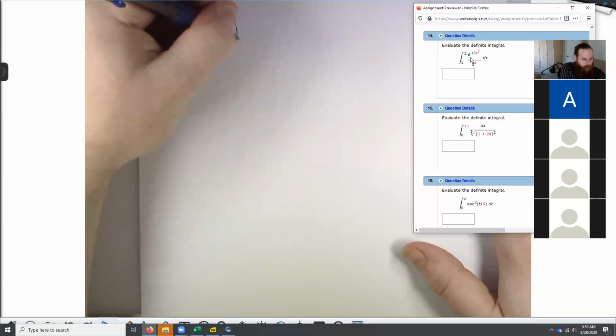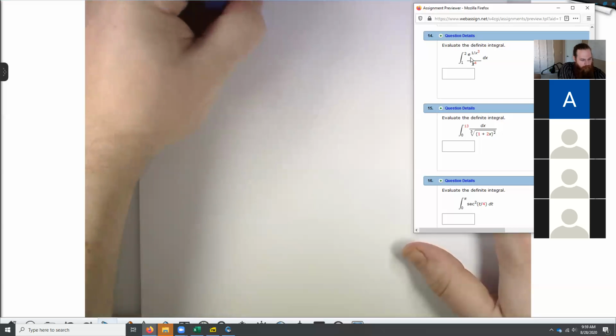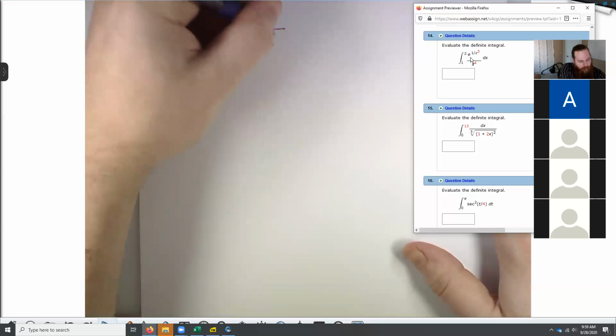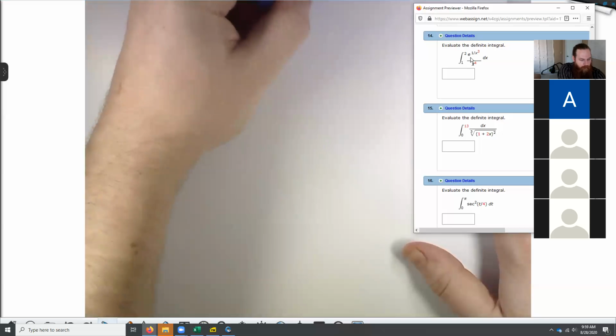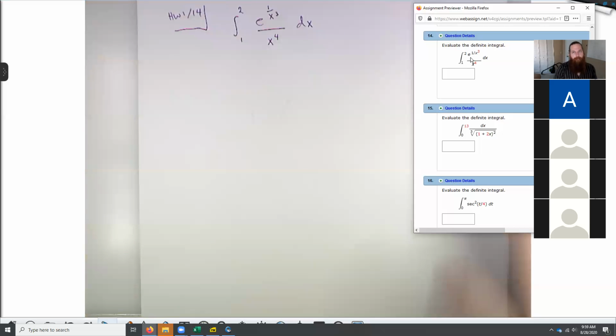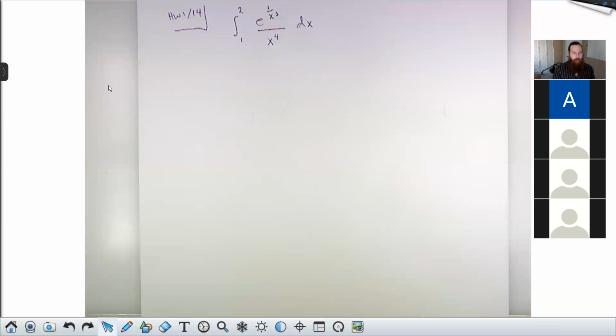So it's the integral from 1 to 2, e to the 1 over x cubed, all divided by x to the 4 dx. If this was just e to the z, that would be nice. I'm not sure how this is going to play, but if this was just e to the z, that would make me pretty happy. That's certainly easier for me to integrate than e to the 1 over x cubed.